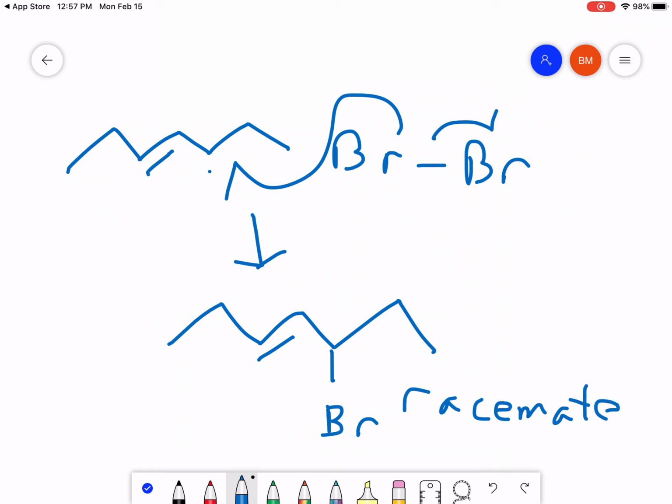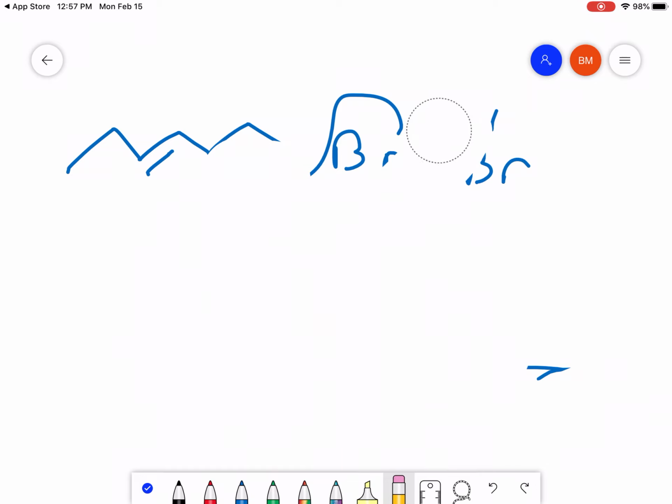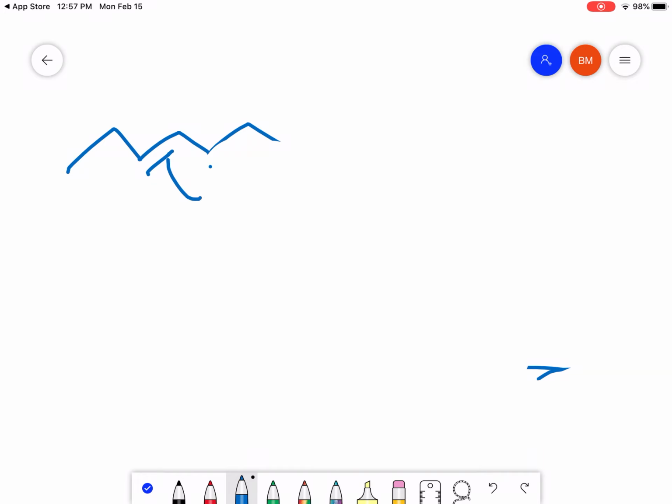Wow, so you see, if you include all stereoisomers, we're up to 6 products already. That's fun. Okay. And then you have to account for possible resonance that would occur. All right, so what we would do, we would split this bond up into electrons, like this.